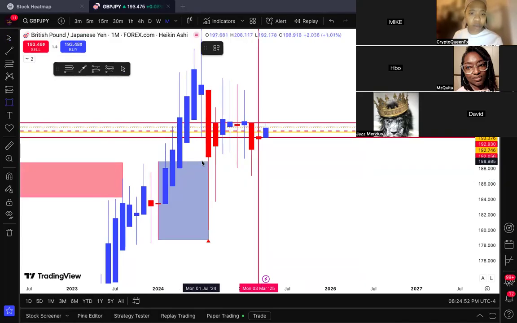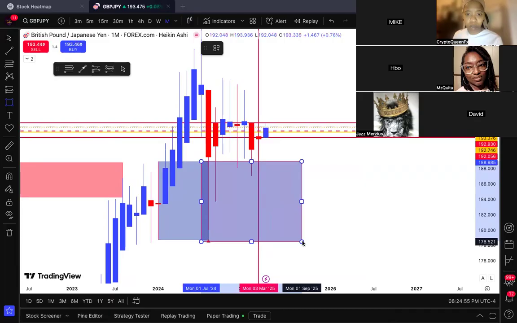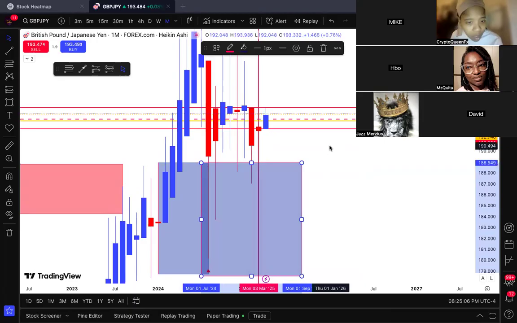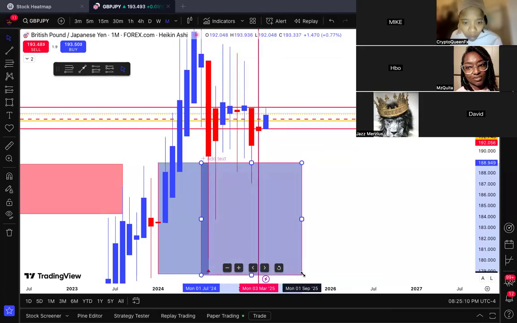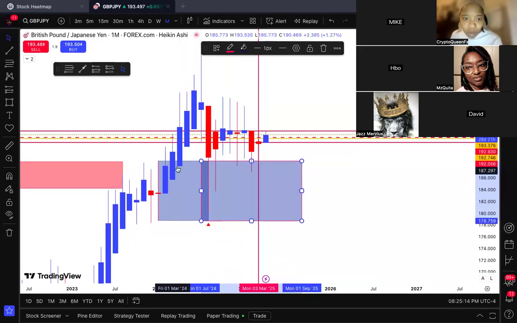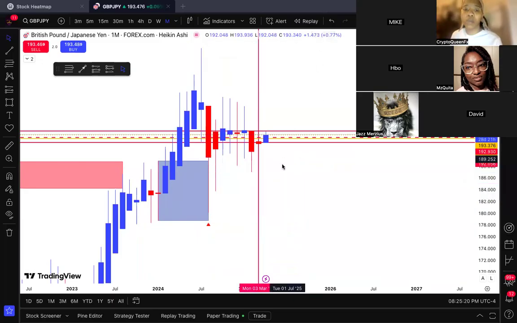This is a monthly order block right here that it is coming out of. Ooh, strong buys on GJ. This is a monthly order block that it rejected out of. Strong monthly block. Yeah, we're gonna be seeing some buys this month.